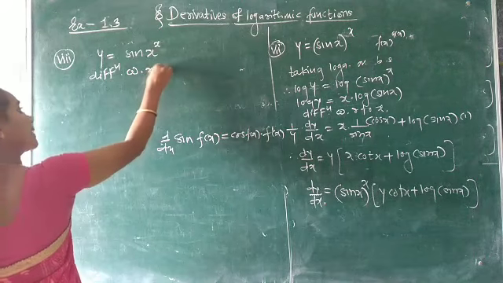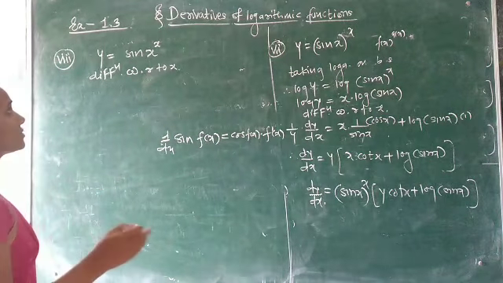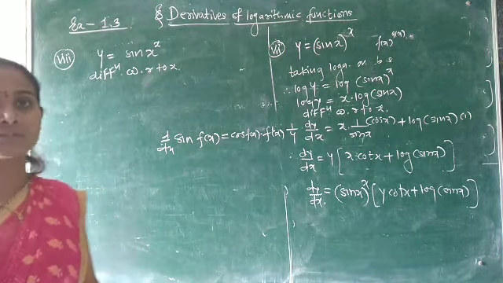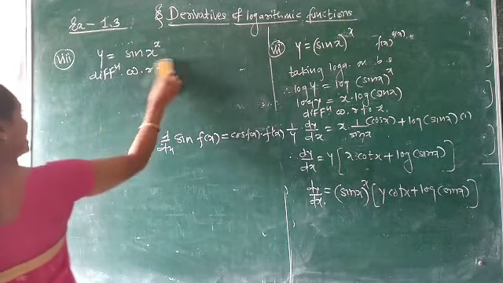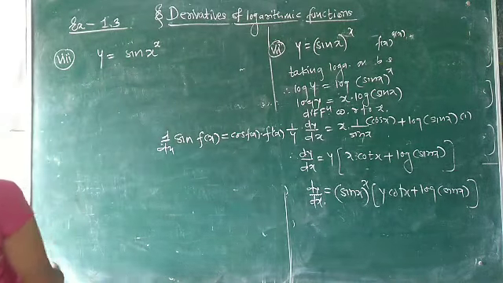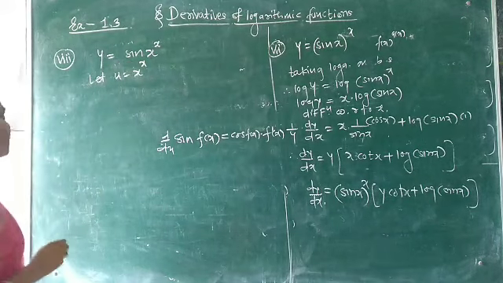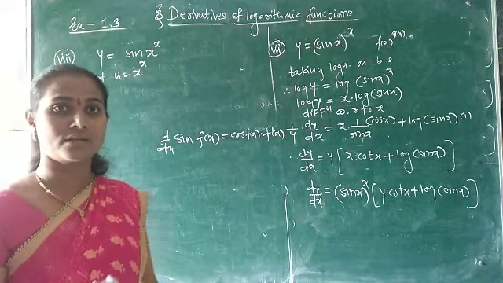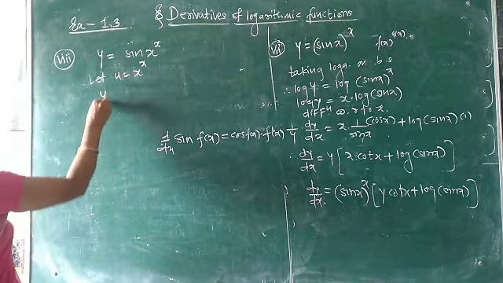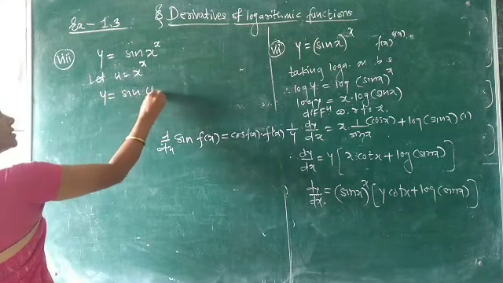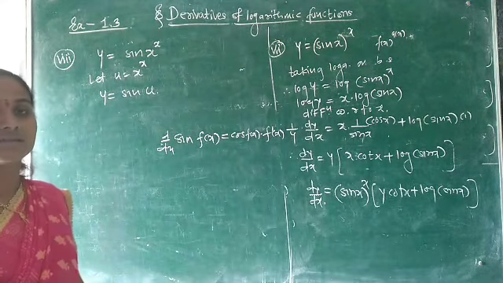Differentiate with respect to x. Or we can solve this example by using composite function, so let us consider y equal to sin u, where u is equal to x raised to x. Then y becomes sin u.